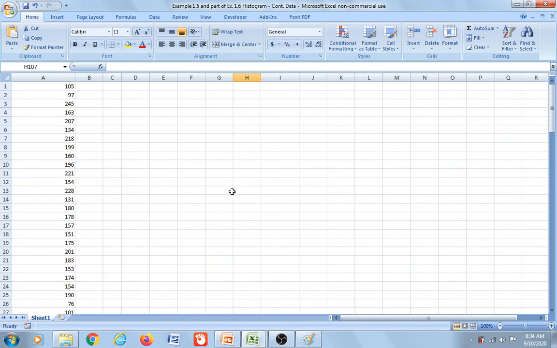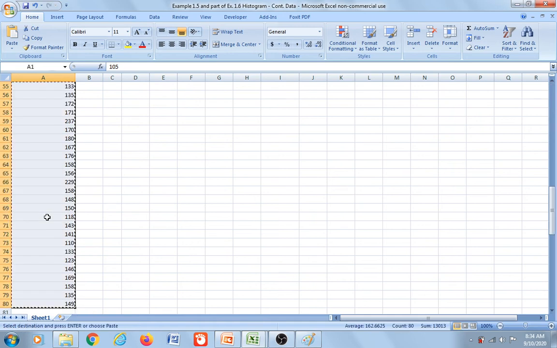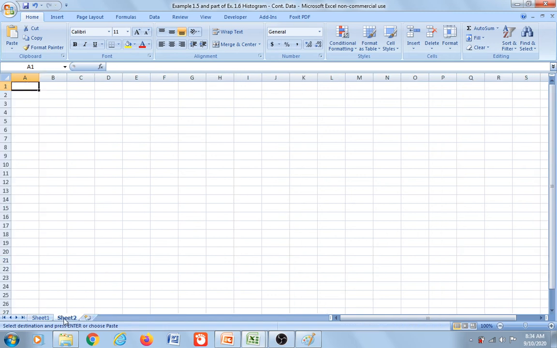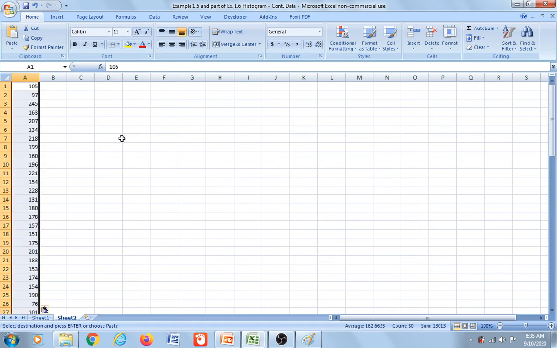Here I already copied the data. Okay, here the data. So I think I'm going to do this in a new worksheet. I'm going to copy and paste. Okay, this is the data.